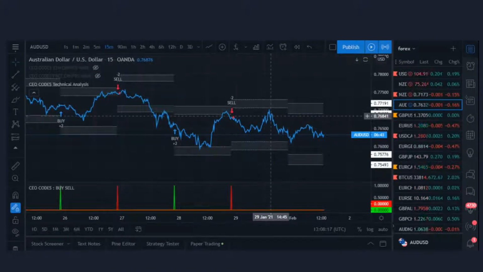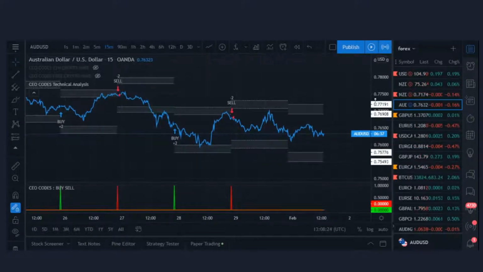So we are back and we are looking at the Australian dollar today. As we can see, we have a short signal.